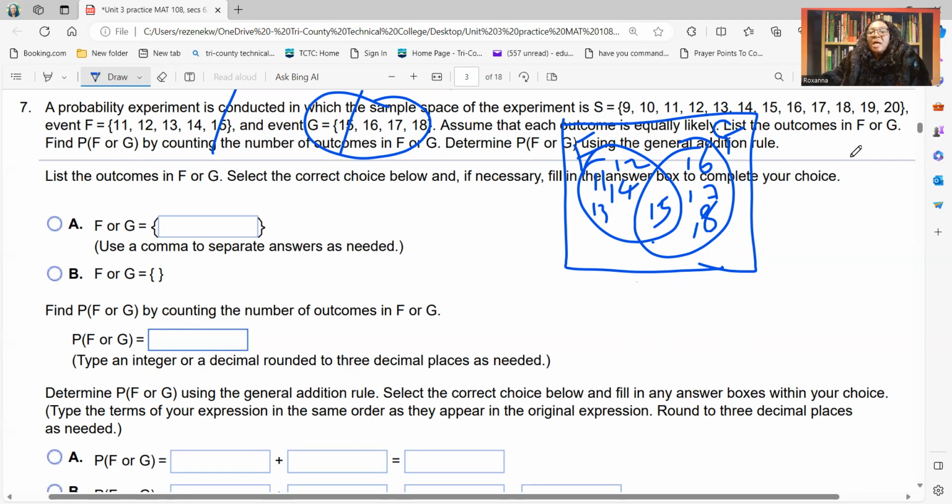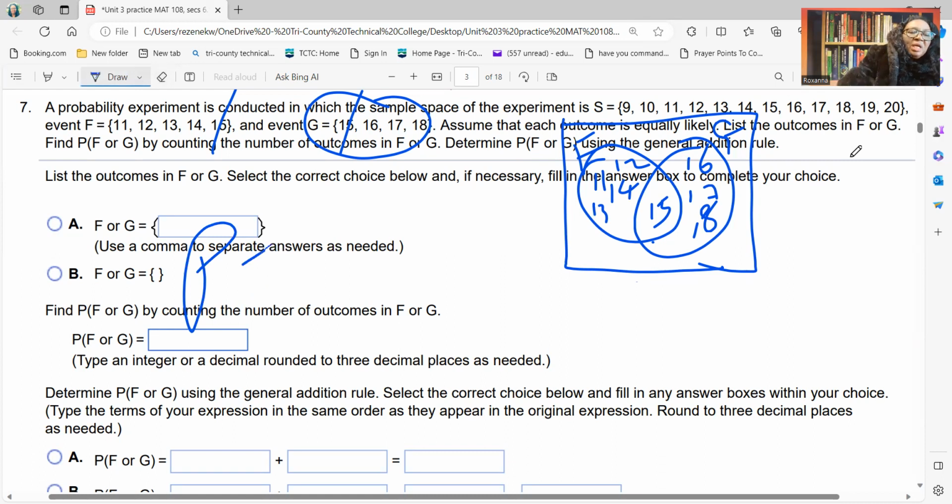Okay, we got that. Find P(F or G). That's the general rule. First of all, the probability of F or G is a general rule. Let me write it using union. It's always good to use union.